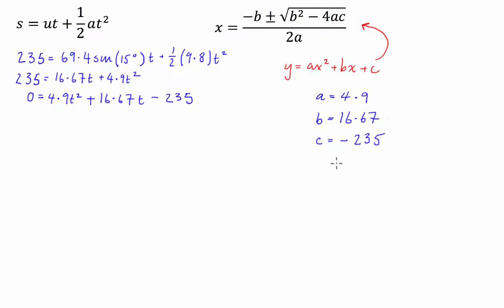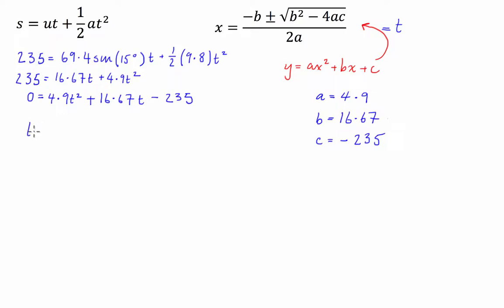Cool. Now we're just going to enter these values into this equation. Instead of writing x, this can also tell us what t is, or what any variable is, if it's entered in this particular form.